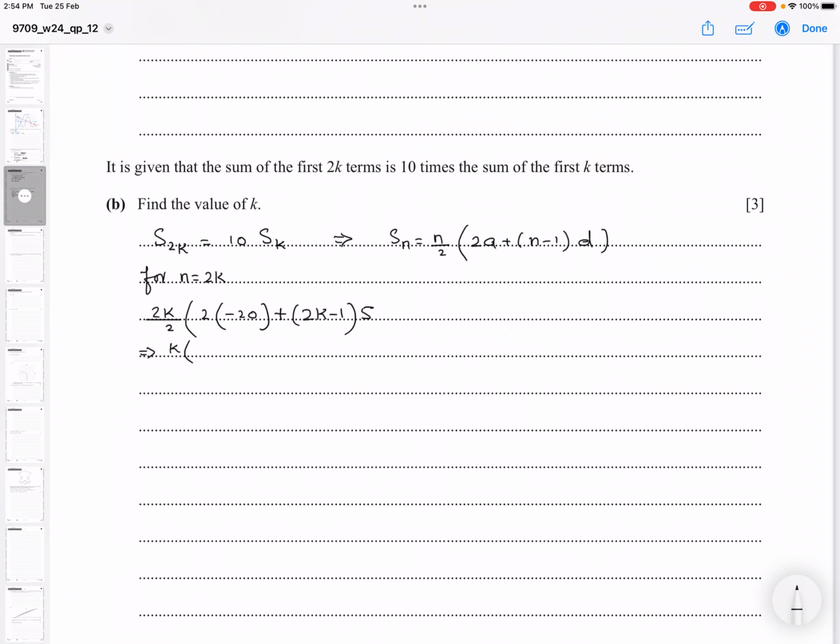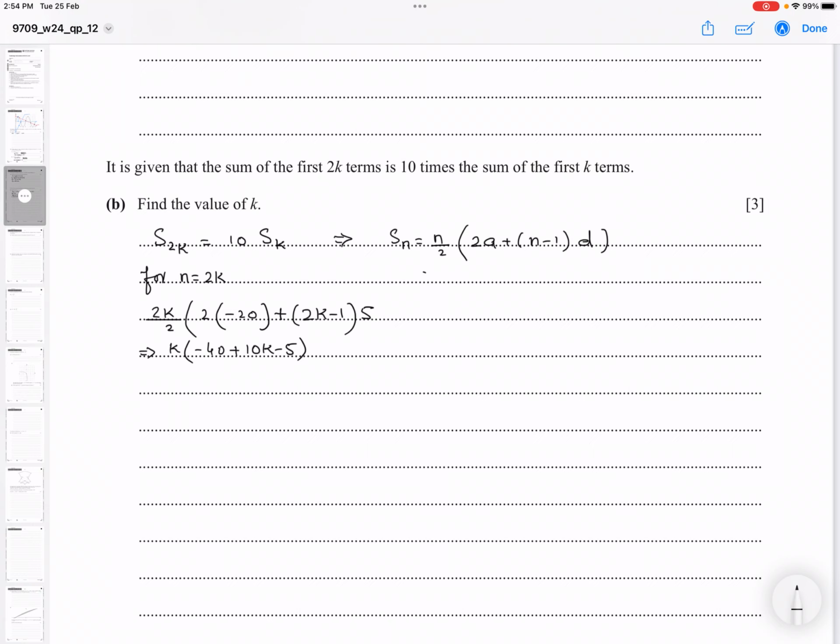So k times minus 40 plus 10k minus 5, and further I should also simplify this for 10 times Sk.